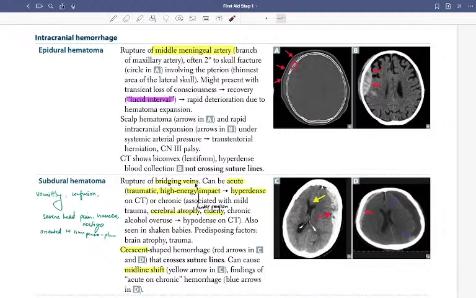Let's see this quickly. Scalp hematoma is also very similar to this, I think. Rapid intracranial expansion, transtentorial herniation, cranial nerve 3 palsy. Okay, so basically transtentorial herniation because we have that lucid interval, and cranial nerve 3 palsy.